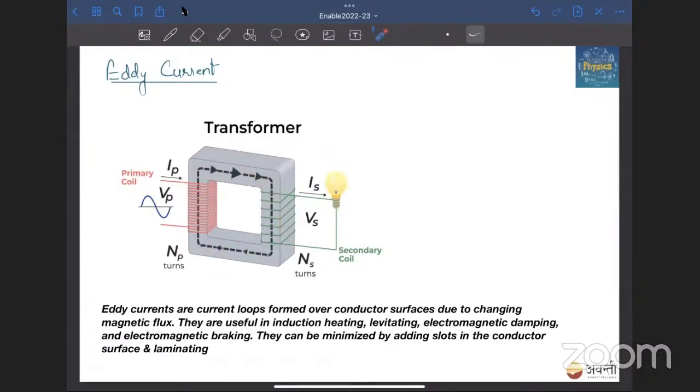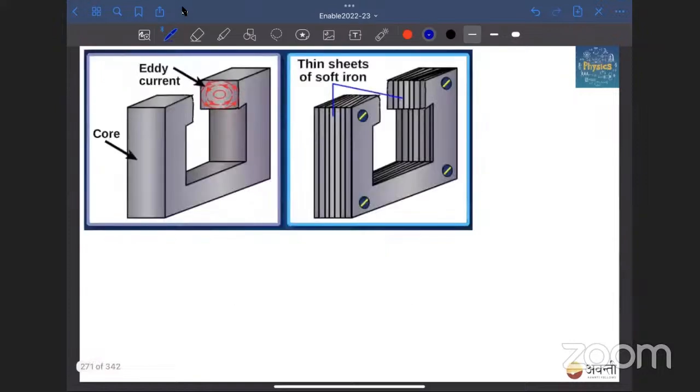Okay, so they can be minimized by adding slots in the conductor surface or laminating. Means for reducing eddy currents, this is laminated like this. Layers are put, and in between those layers, some non-conducting material is put. So here you can see the eddy currents. Look here. This type of eddy currents happen in the core.